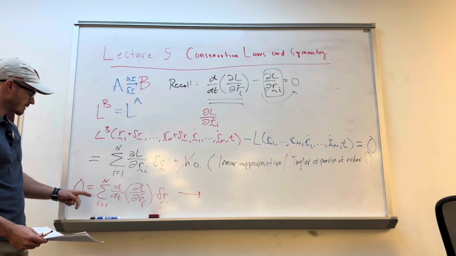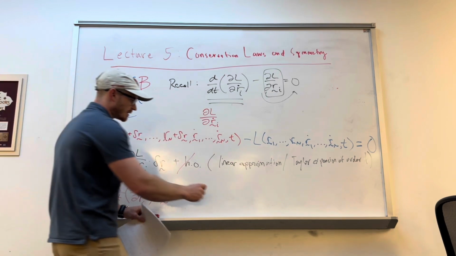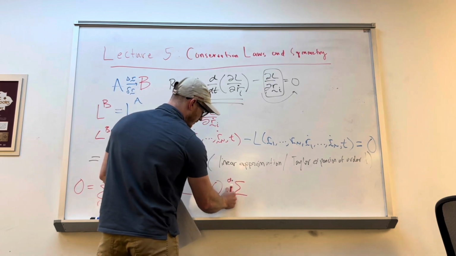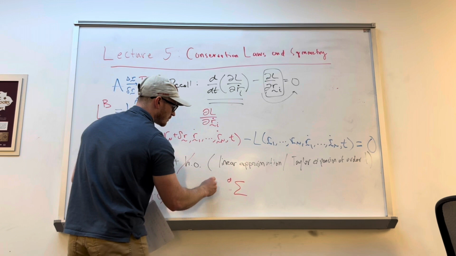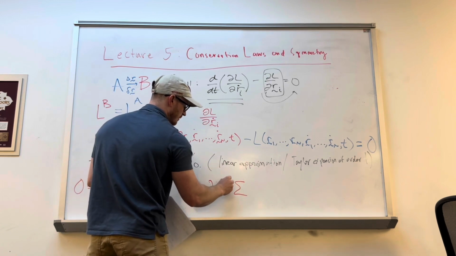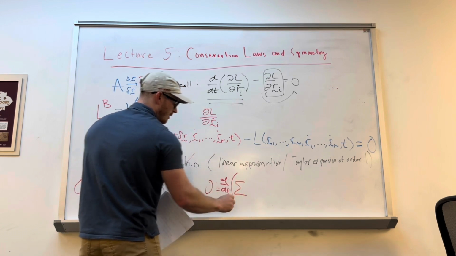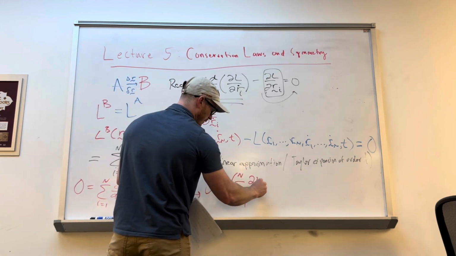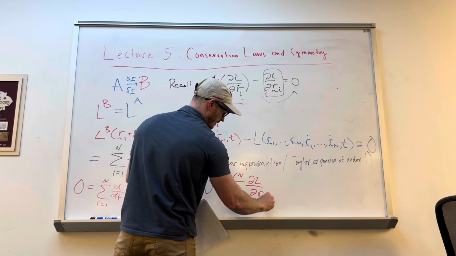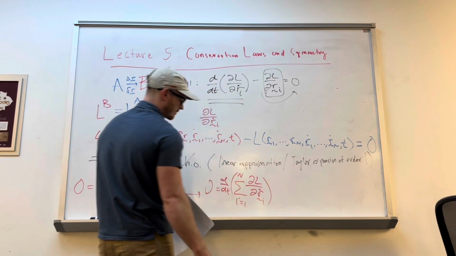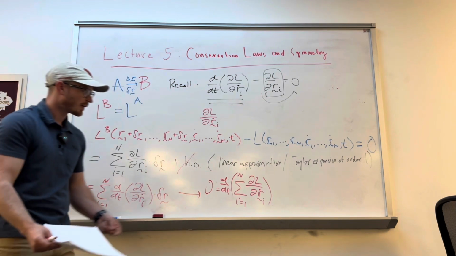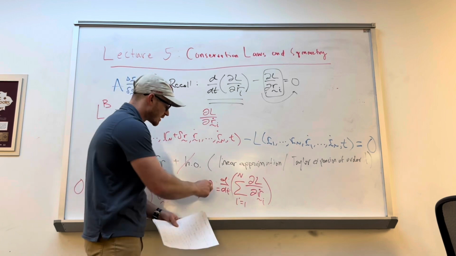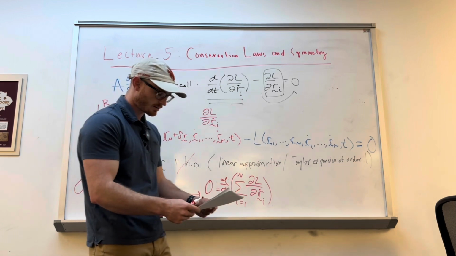We can pull it out, and what we get is that 0 equals d dt, the time derivative, of the sum of partial L partial Ri dot over the whole system. Well, that means that this sum is a constant of motion because it's not changing in time. The derivative is 0, right?